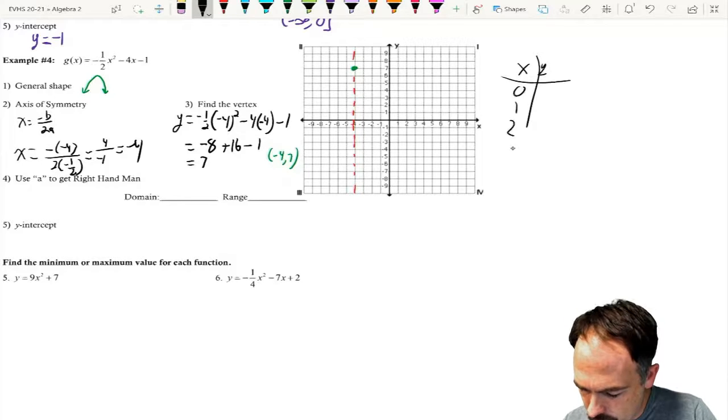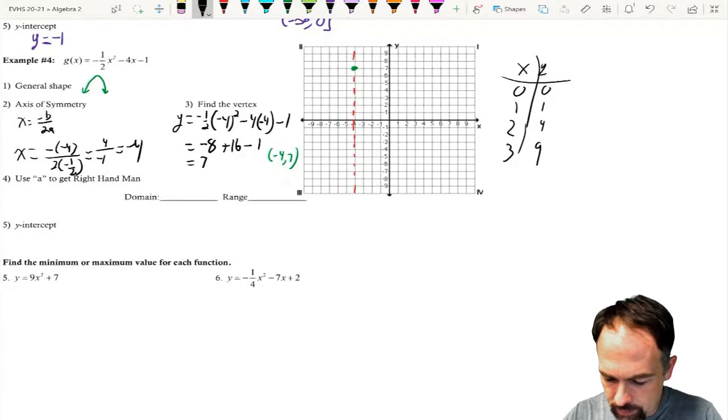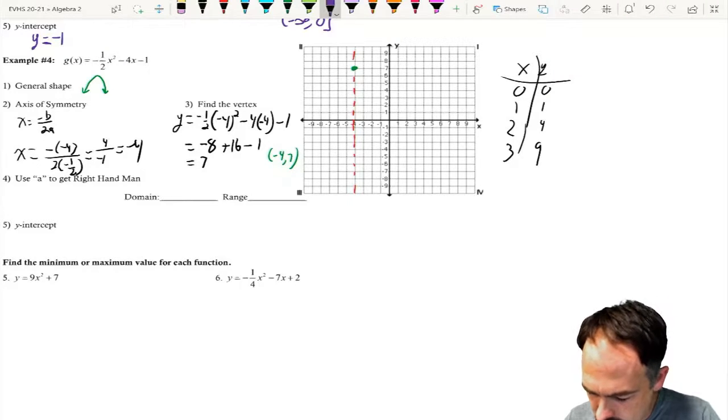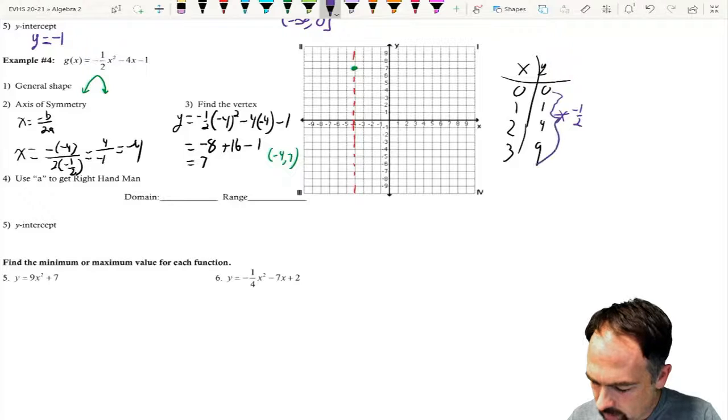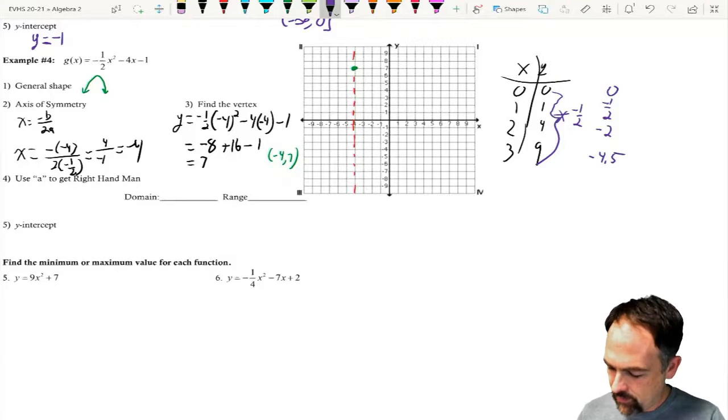Okay, now let's do our chart. 0, 1, 2, and 3, and 0, 1, 4, 9. We're going to multiply all of those times the a value, negative 1/2. And that gives me 0, negative 1/2, negative 2, and negative 4.5.